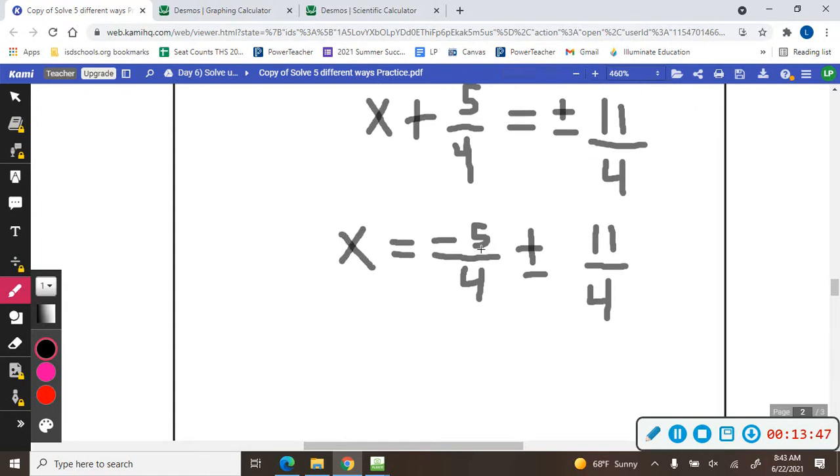Now the first computation, we'll take negative 5 plus 11. And notice these are common denominators, thankfully. Negative 5 plus 11 is 6, so you get 6 divided by 4, which equals our 3/2 that we got earlier, 1.5.